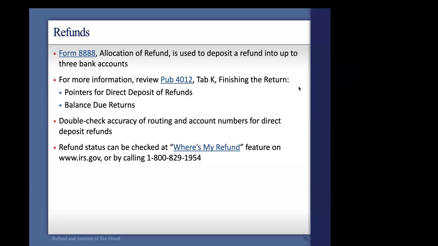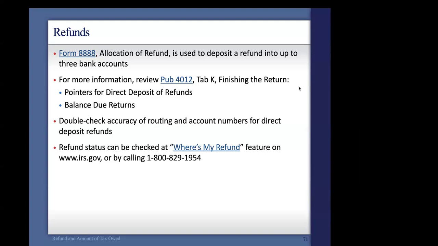But what we want to encourage is for the taxpayers to establish a bank account, to have their refund direct deposited into that account that belongs to them, so that they are not hindered from receiving their refund. Because at this point, we don't know how long. We wouldn't be able to give them an estimate of when they would receive those refunds if they don't have any type of electronic means of receiving it.